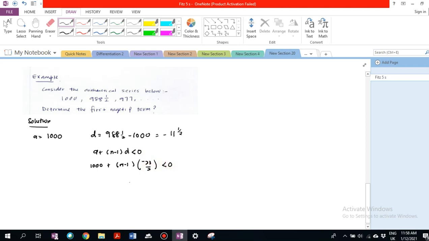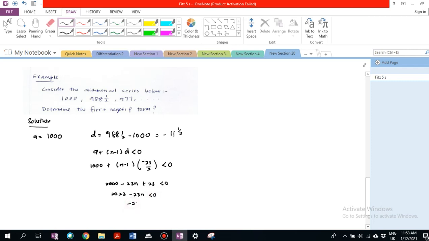So when you solve this equation, you will get about 2000 minus 23n plus 23 is below 0. So you get 23 minus 23n below 0.